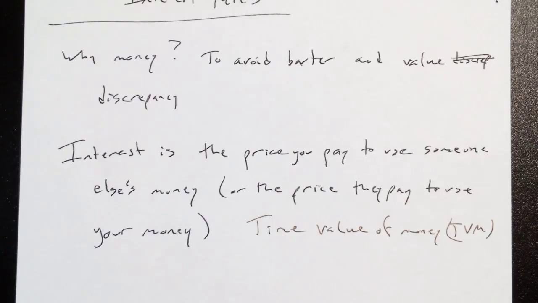So, who decides? Well, usually the lender decides how much you should pay to borrow the money from them. But sometimes you as a borrower can say, I'm only willing to pay this much, and then find out who's willing to lend to you.